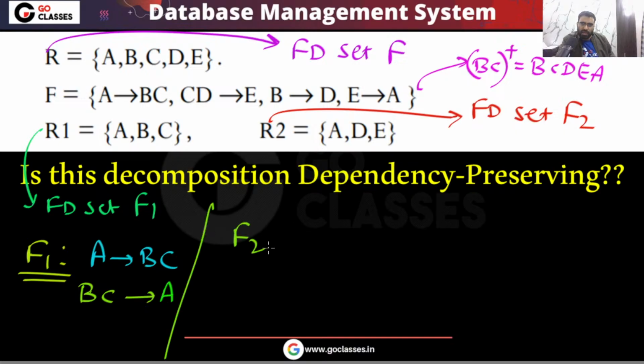Let's find out F2 now. Which FDs will hold in the relation R2? Let's see A again. Can A determine DE? Find the A closure.